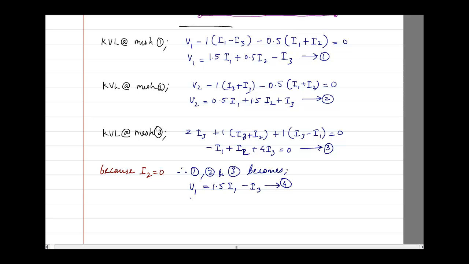Similarly, the second equation V2 is equal to 0.5 I1 plus I3. That is going to be my fifth equation. And the last equation, let me write the 0 part first: 0 is equal to minus I1, I2 is 0, plus 4 I3. That is going to be my sixth equation.